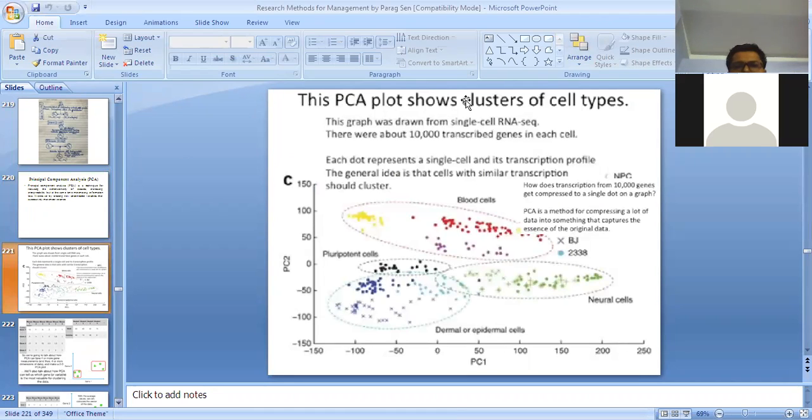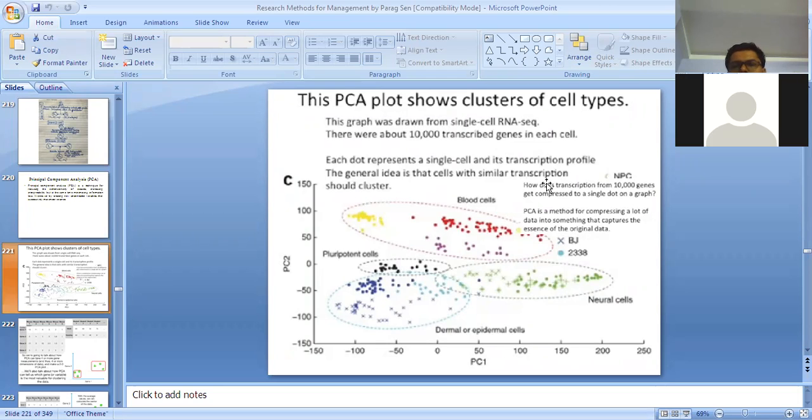This PCA plot shows cluster of cell types. This graph was drawn from single cell RNA sequence. There were about 10,000 transcribed genes in each cell. Each dot represents a single cell and its transcription profile. The general idea is that cells with similar transcription should cluster.